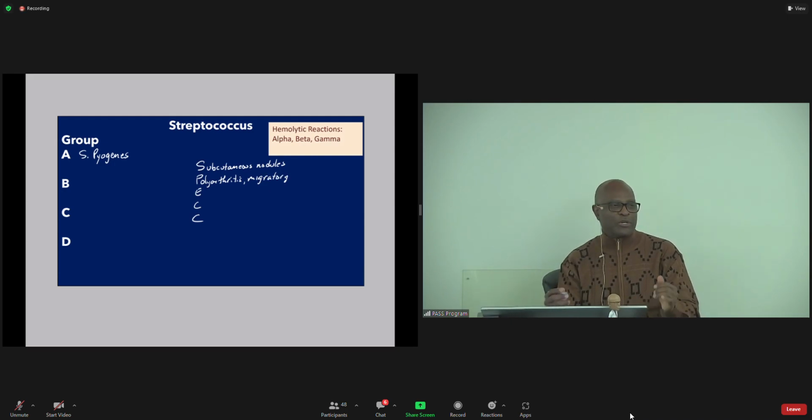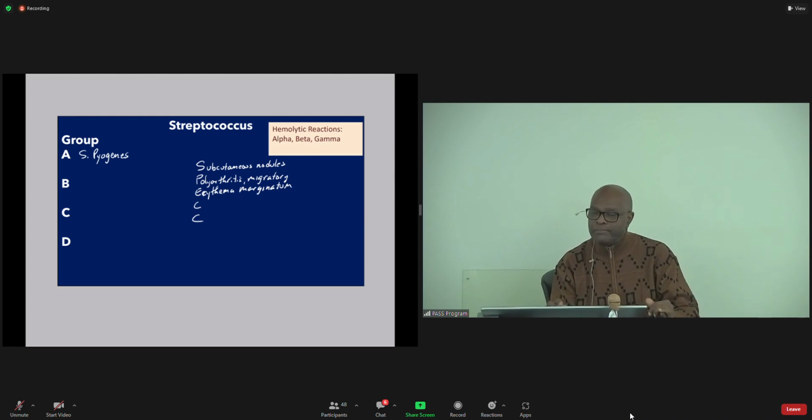Because if you have true arthritis, it shouldn't be jumping around. That's because this is not true arthritis. The inflammation is around the joint, but not within the joint. E is erythema marginatum. Little red dots with bright red margins, which is how he got his name, marginatum. Then there's chorea, Sydenham's chorea.